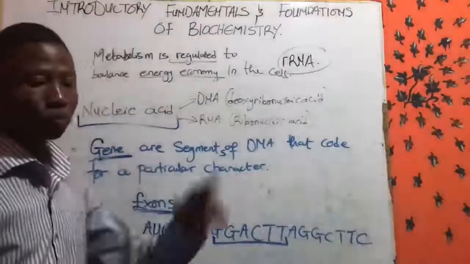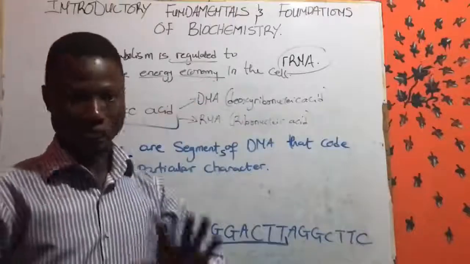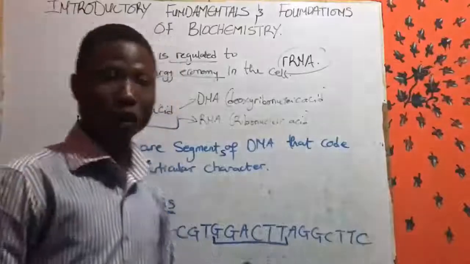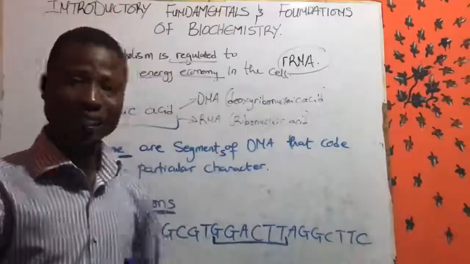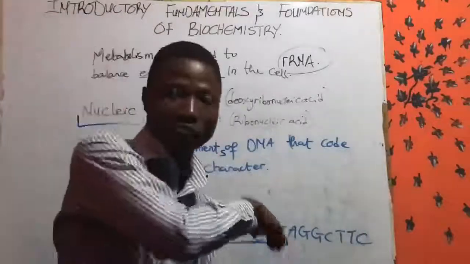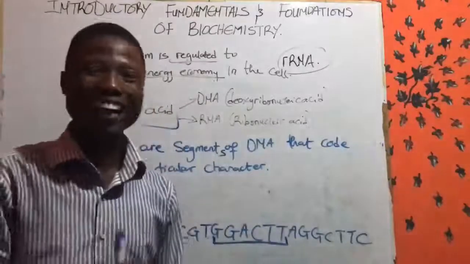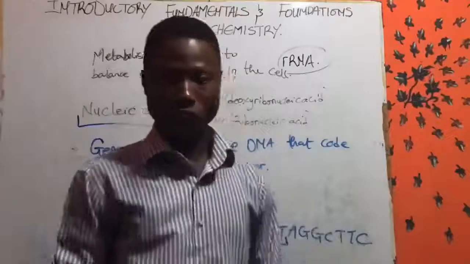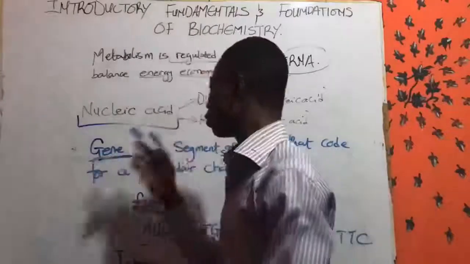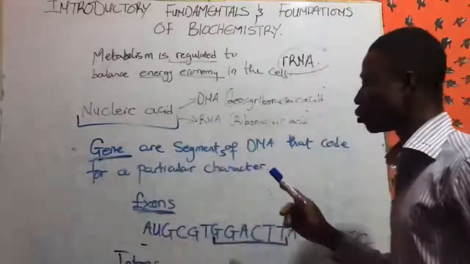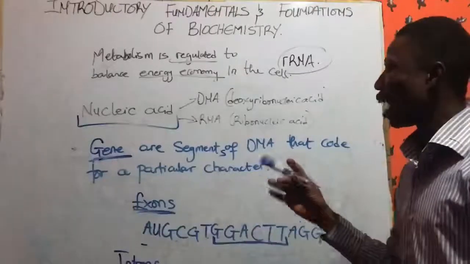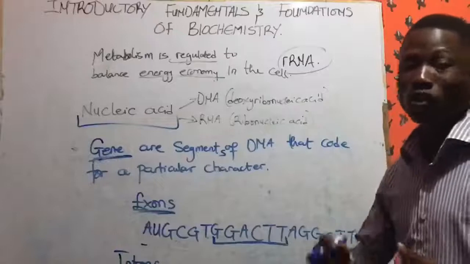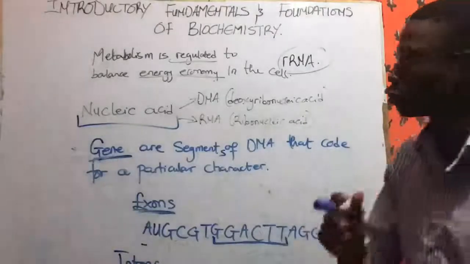So note that in the cell, heredity is conserved. How? Nucleic acid, which is the chemical apparatus that helps to relay information from one generation to the other, is conserved with a high degree of fidelity in the cell. So in our cell, there are mechanisms that help in conserving the integrity of nucleic acid.